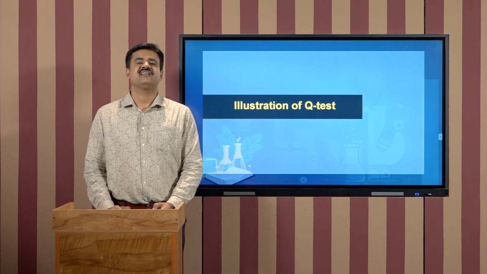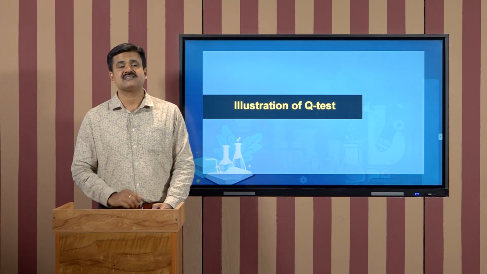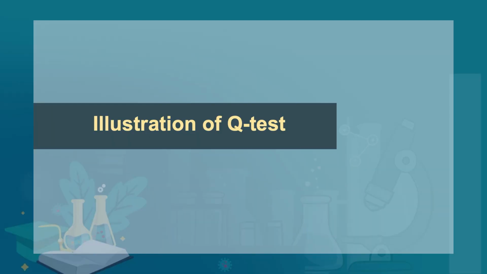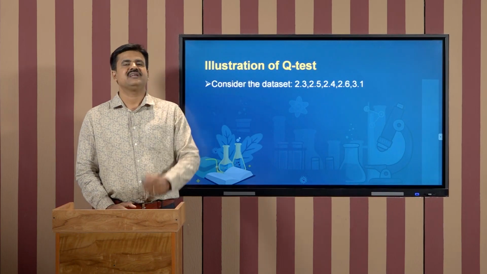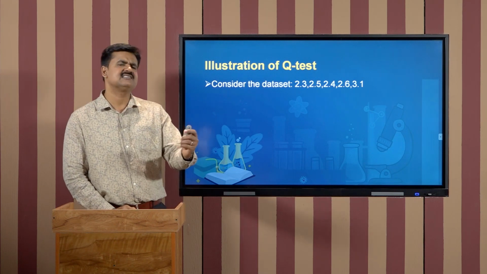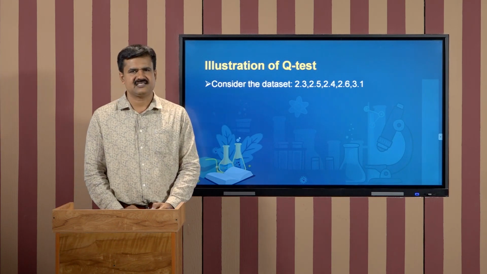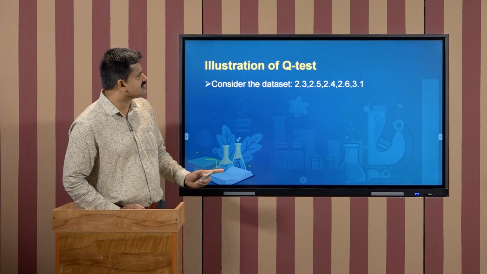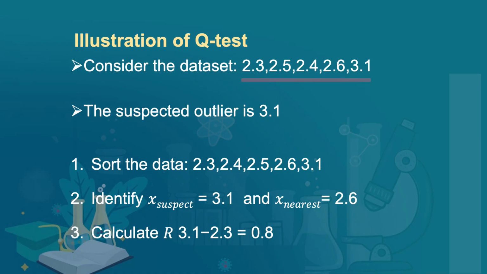Now, we can illustrate the Q test with the help of an example. In order to illustrate a Q test, consider a given data set. The given data set consists of some measurements. These values are 2.3, 2.5, 2.4, 2.6 and the final value is 3.1.